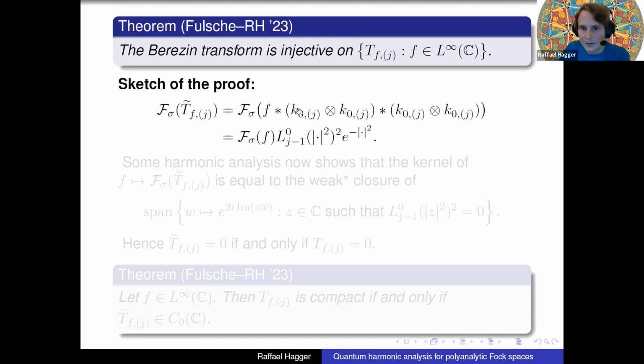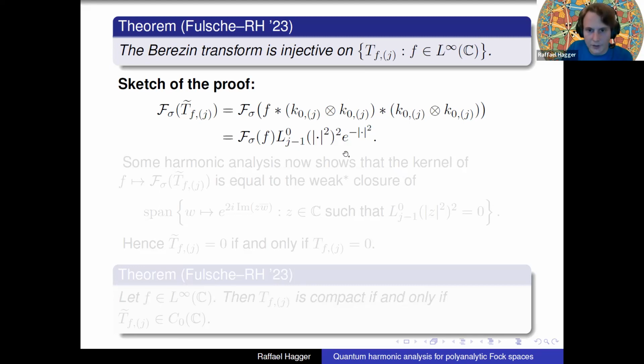Now you can write this as a convolution again. So you first have the Toeplitz operator that's convolved once, then you take the Bayesian transform, which is again convolution with the same thing. Apply the convolution theorem, and you get the Fourier transform of f times the other function twice, so the square of the function you've always seen.